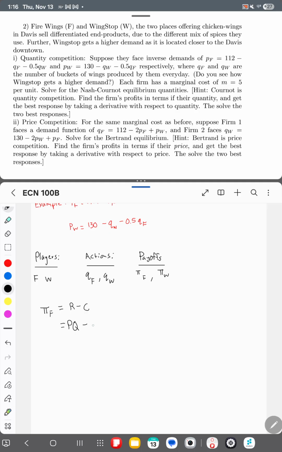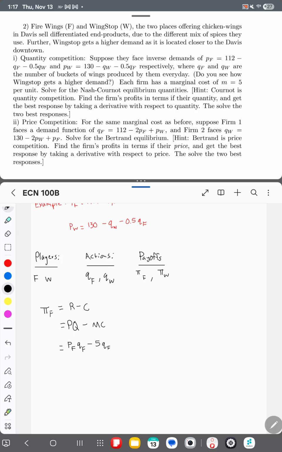What is given on the question, let me write it down in a different ink. The question says that the marginal cost for both of the firms is 5. So I'm going to use that information. So what that tells me is marginal cost is 5, and then the amount they produce is QF, which tells me that is the total cost. Let me pause there. Is that clear? Profit is revenue minus cost. Very good.